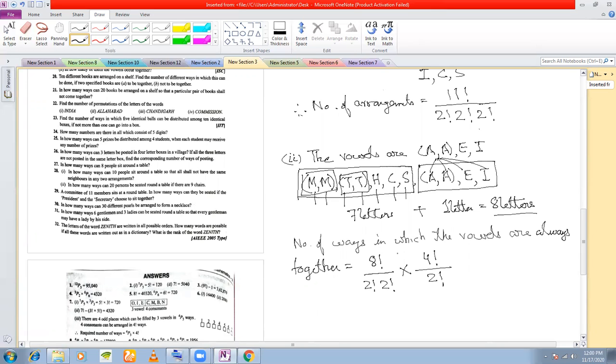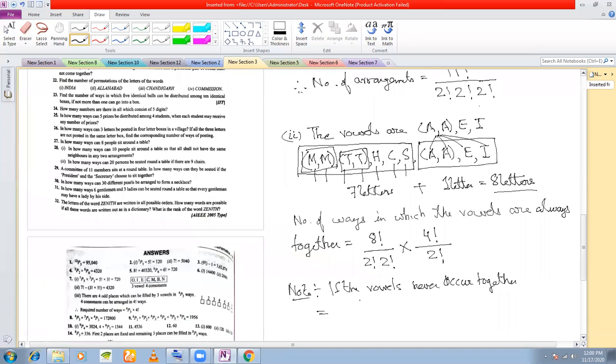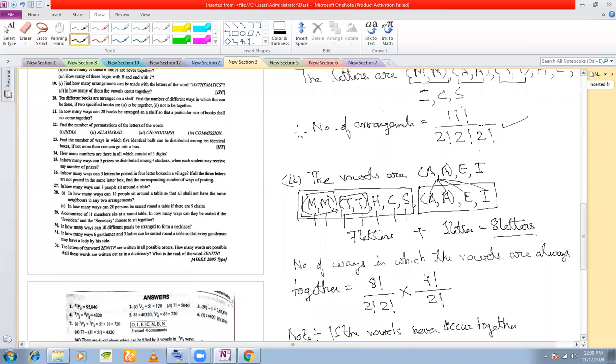Now, if the question was that the vowels are never together, then what would you have done? If the vowels never occur together, then what would happen? How many arrangements without any restriction? It is factorial 11 by factorial 2, factorial 2, factorial 2, right?